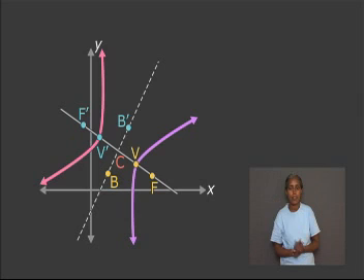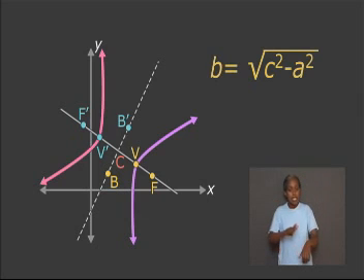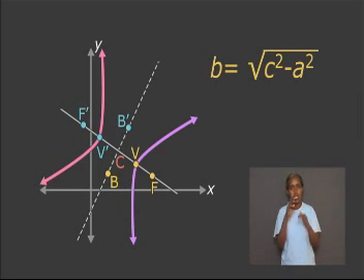A small b denotes the distance from C to B and C to B prime. As in the ellipse, a relationship exists between a, b, and c. The length of b equals the square root of c squared minus a squared.